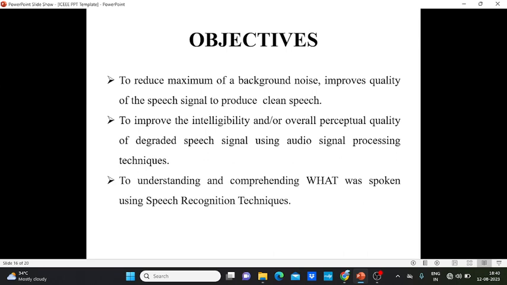So my PhD project mainly has these three objectives: reduce the noise, then speech enhancement, and speech recognition is the third objective.